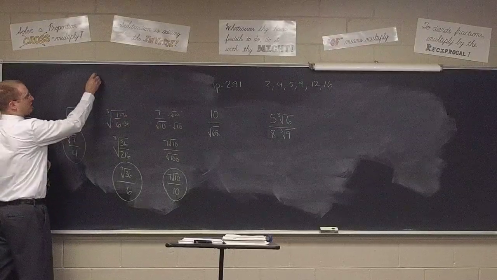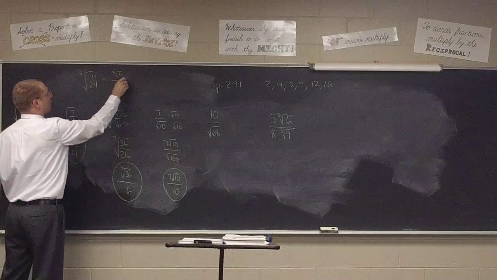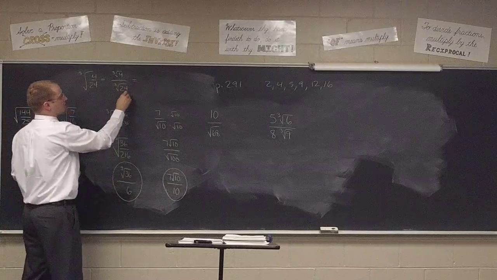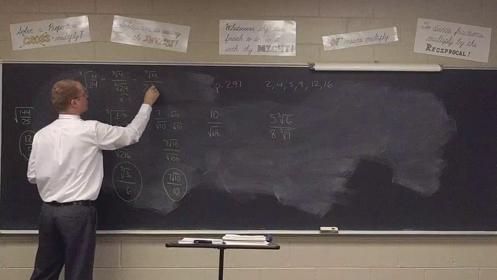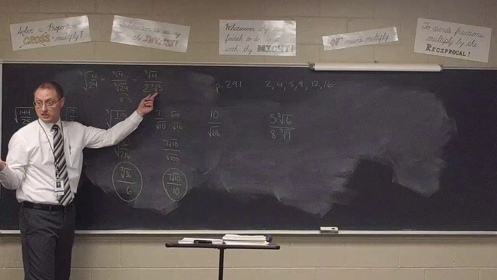Brecken can multiply by 4 to get 4 over 24, which gave him the cube root of 4 over the cube root of 24, which, since it factors into 8 times 3, can give him the cube root of 4 over 2 times the cube root of 3. And then you could hopefully see the 27.